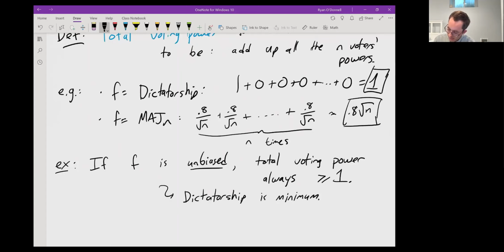It seems funny to say, but according to my definition of bias, dictatorship is unbiased because in the impartial culture assumption, you imagine that even the dictator votes randomly. So even with dictatorship, the outcome is equally likely to be positive or negative. But this calculation and this fact show that the dictatorship is the worst in terms of investing power in the voters.